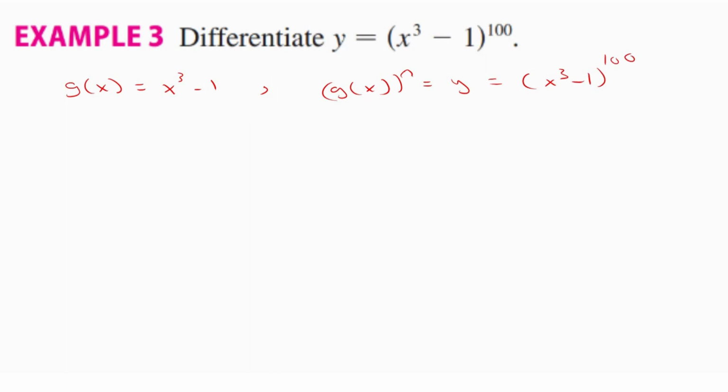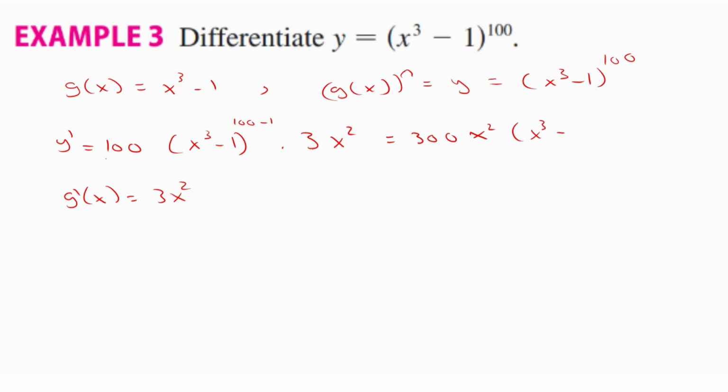So to find the derivative of this, we will put here 100, and then we write g of x, or x cubed minus 1, the way it is, and then the power is 100 minus 1, multiplied by g prime of x, and g prime of x is basically 3x squared. So 3 times 100 is going to be 300, and I can put x squared here. So here we have 300x squared times x cubed minus 1 power 99, and this is the answer.